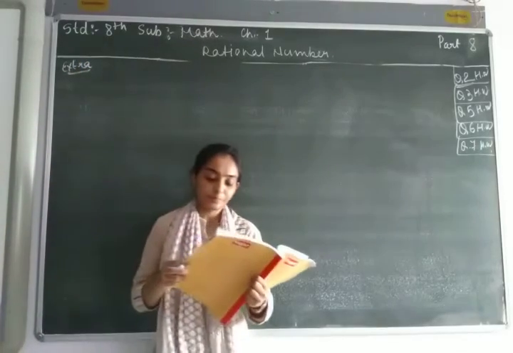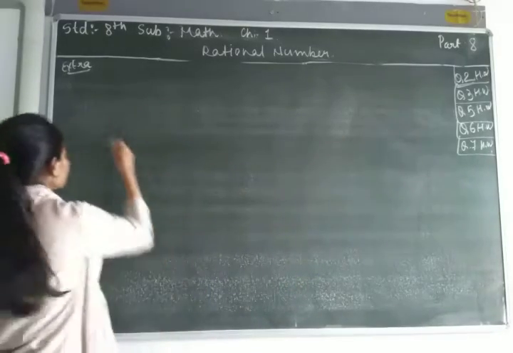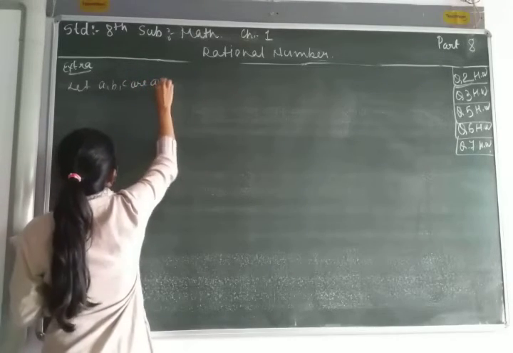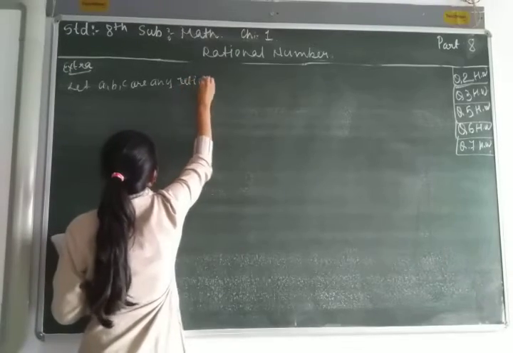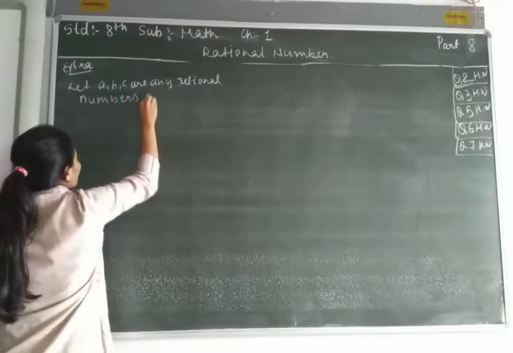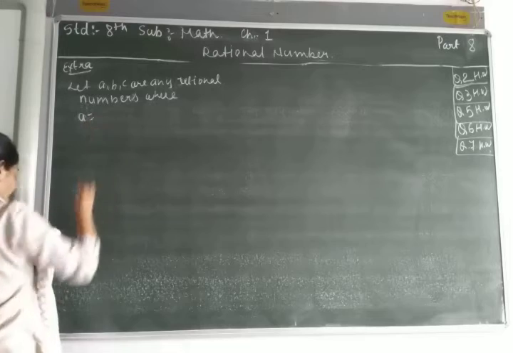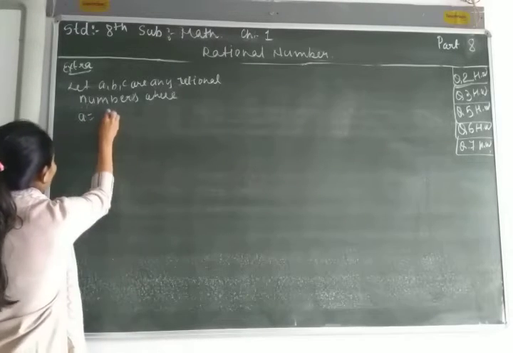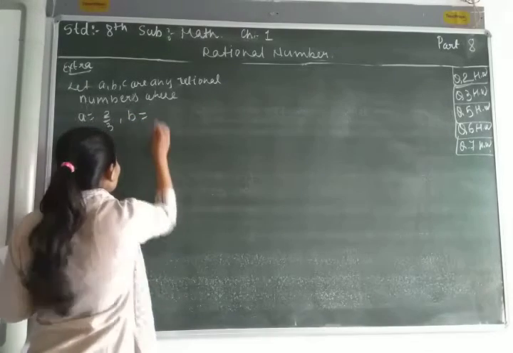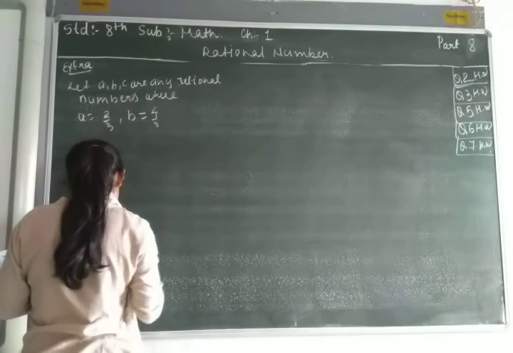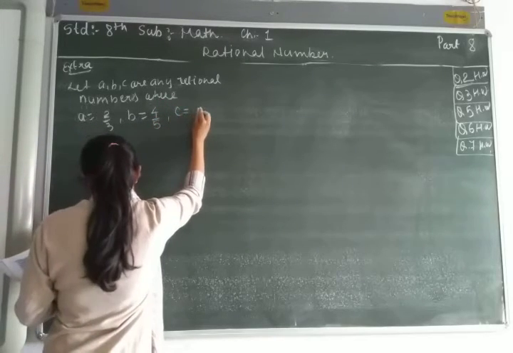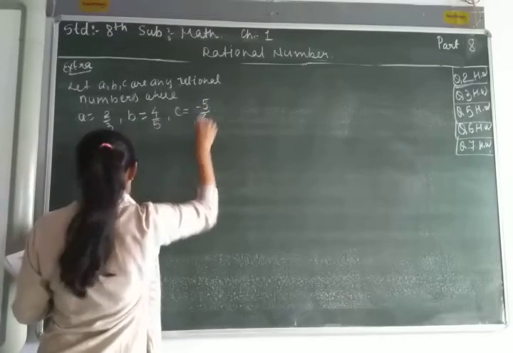The extra question says, let A, B, C be any rational numbers, where A equals 2 by 3, B equals 4 by 5, and C equals minus 5 by 6.